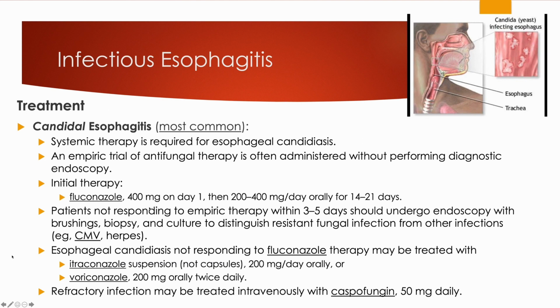Generally speaking, when this question comes up, you talk about fluconazole. The only difference would be in a small baby, especially with oral thrush. A lot of times we'll use nystatin troches. But when we have esophagitis in the esophagus, we start with fluconazole.